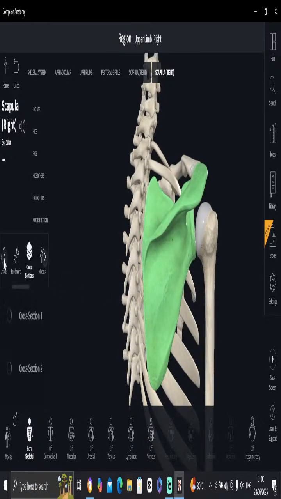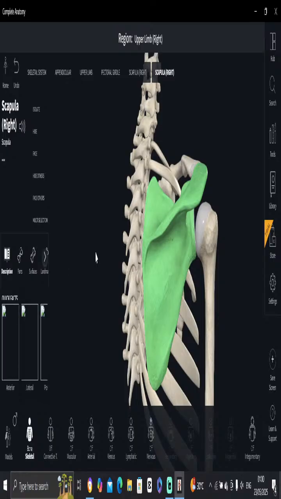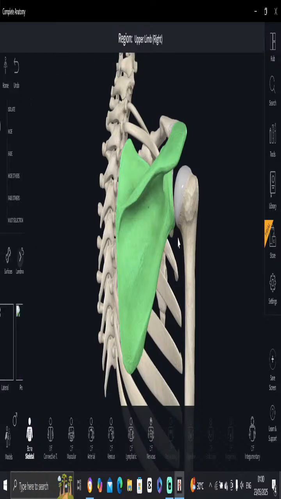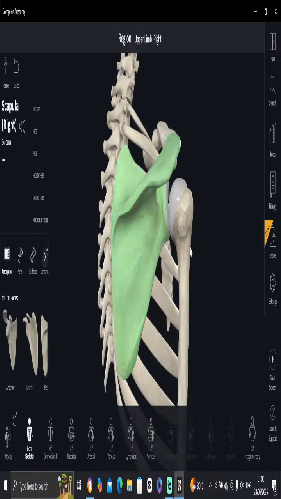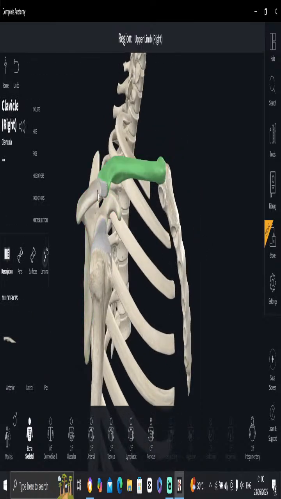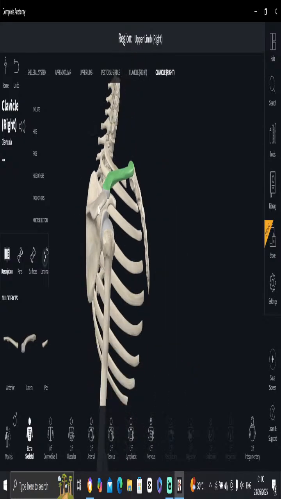Generally, the clavicle is not part of the bones of the free upper limb. The scapula and the clavicle are considered to be part of the upper limb girdle.